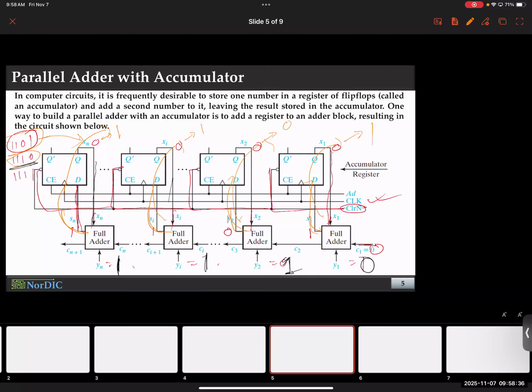Does that make sense? Now what if I load the third number, 1, 1, 1, 1? This third number will be added to the sum of the previous two numbers. See that? And I can keep repeating the process. I will keep loading one number at a time at this input, and the feedback loop will make sure it is accumulated. So there you go.